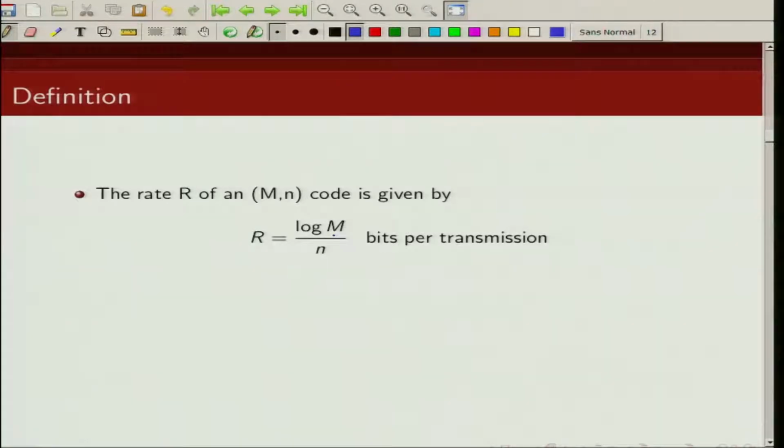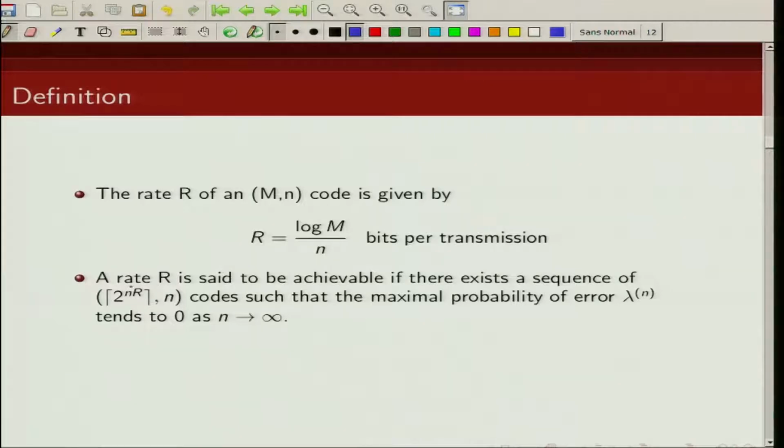As I said, we are sending a total of m indexes, so the number of information bits is log of m and the code word length is n. So the rate of the code is log of m divided by n.